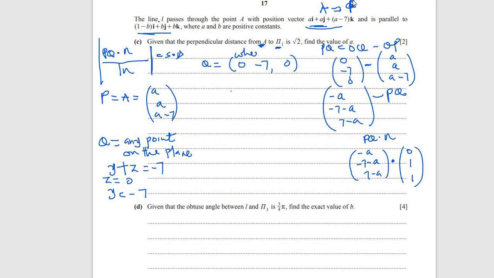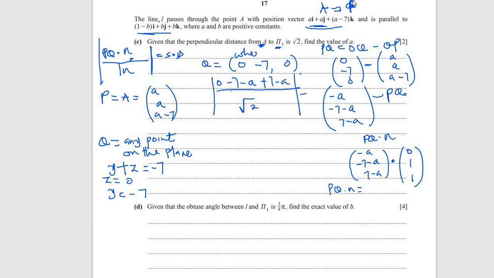So PQ dot N is minus A times 0, that's 0, minus 7 minus A times 1, that's minus 7 minus A, plus 7 times 1, that's plus 7, all over the modulus of N. N is (0, 1, 1), so the modulus is square root of 2.